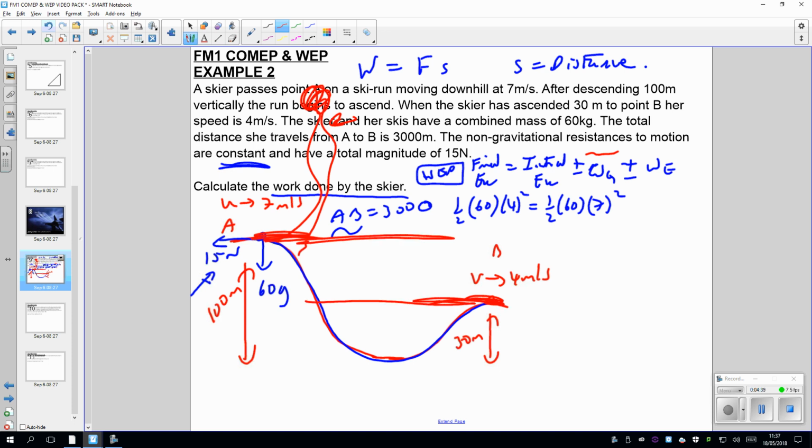So what is this gap here? Well, it's 70 meters, isn't it? And have they gone down or up? Well, they've gone down. Gravity works down, so that must be positive. So mgh, 60g, and the h is 70.